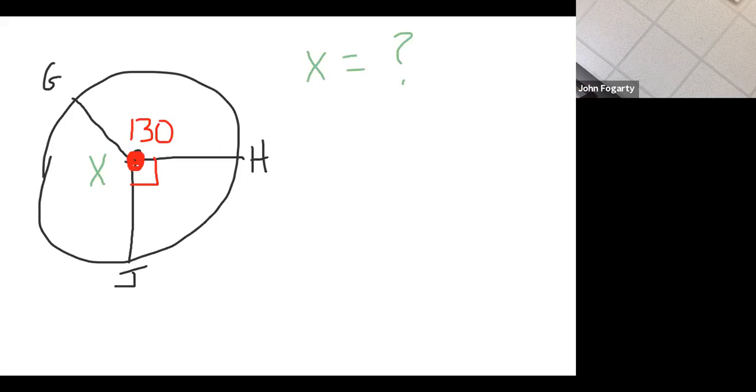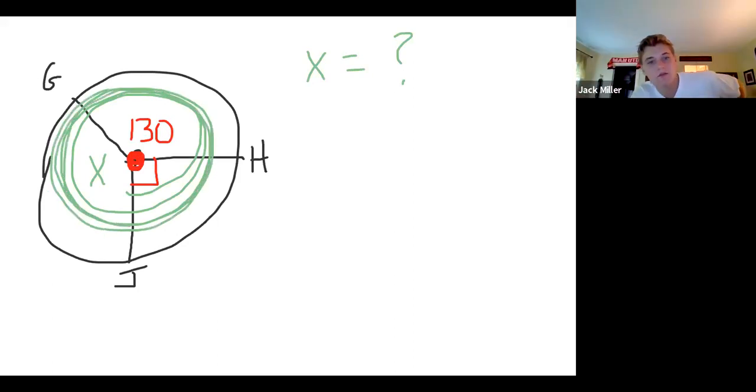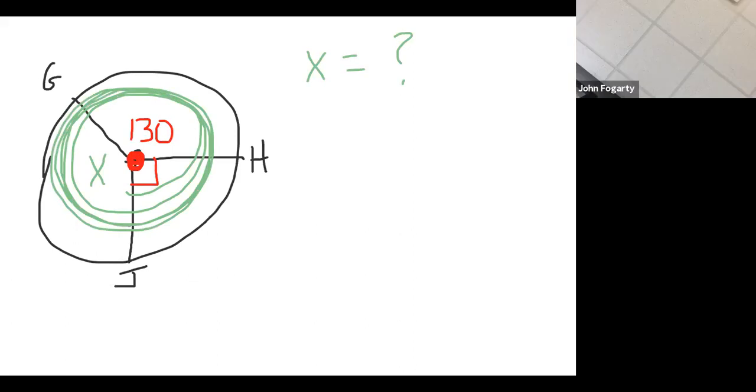Well, what do you know about all the central angles? What do they have to add up to? 360. So I already know 2 of the 3. One of them is 90. One of them is 130. And one of them, I don't know what it is. But I do know that if I add all of them up, I get 360.